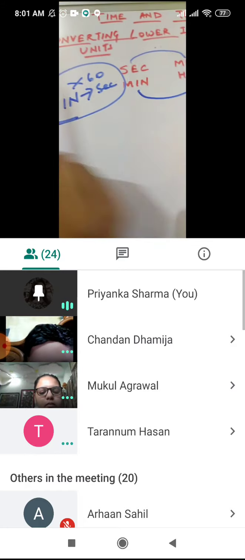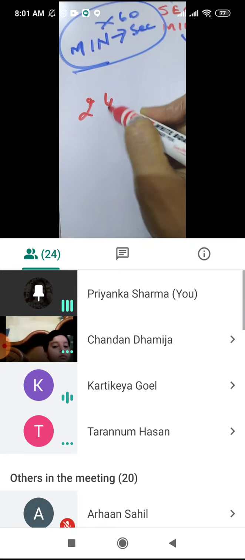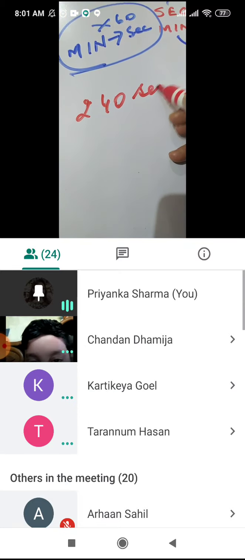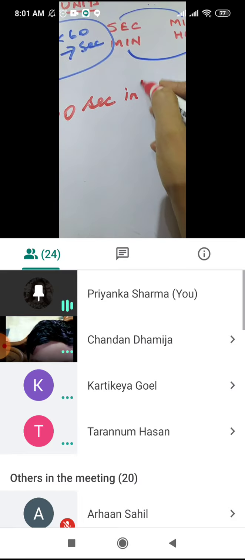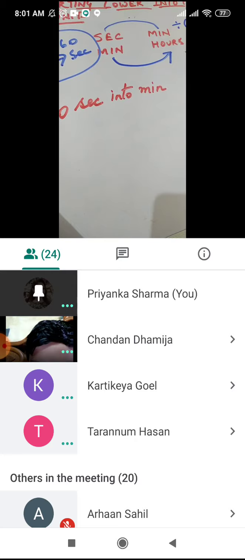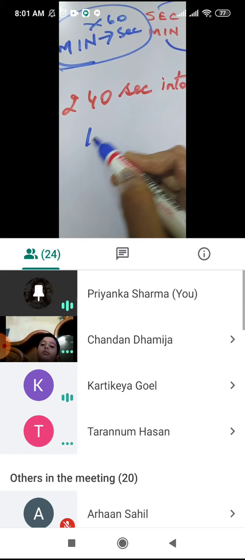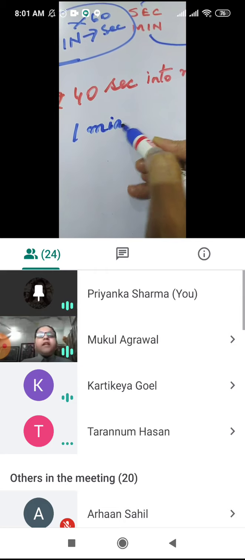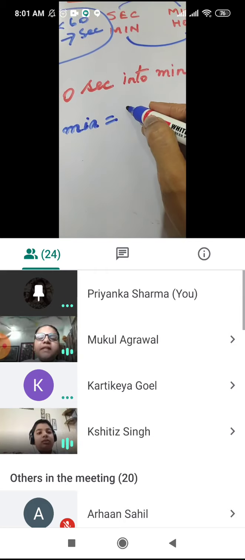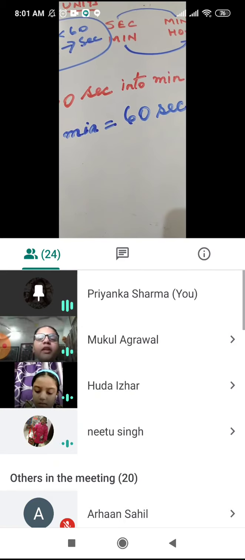Now we are going to do a few sums. That is, 240 seconds into minutes. So 1 minute is equal to how many seconds? 1 minute is equal to 60 seconds.